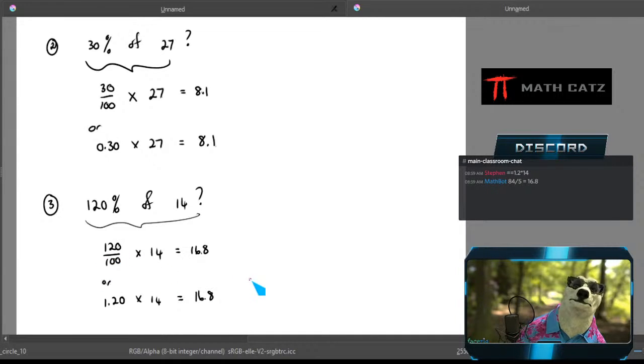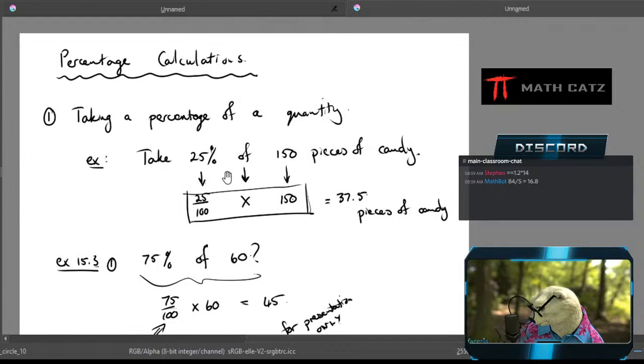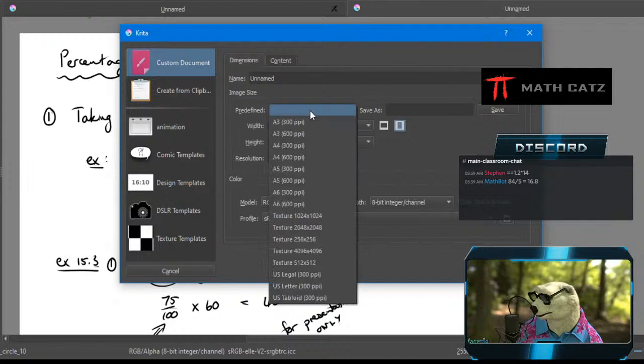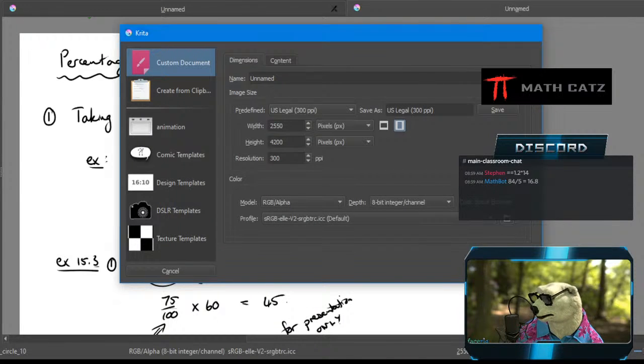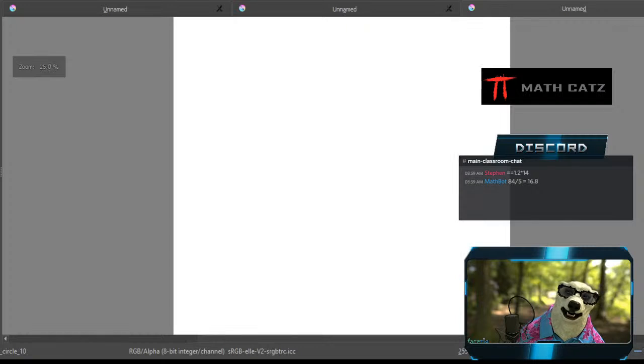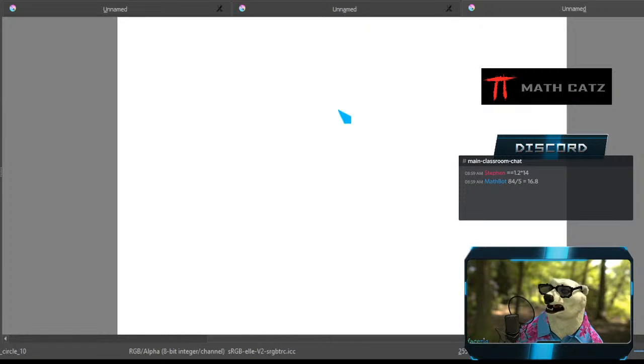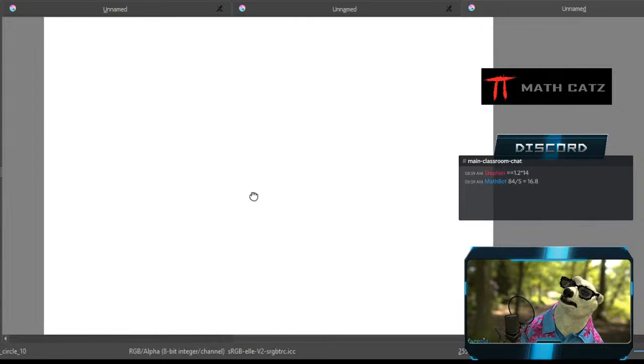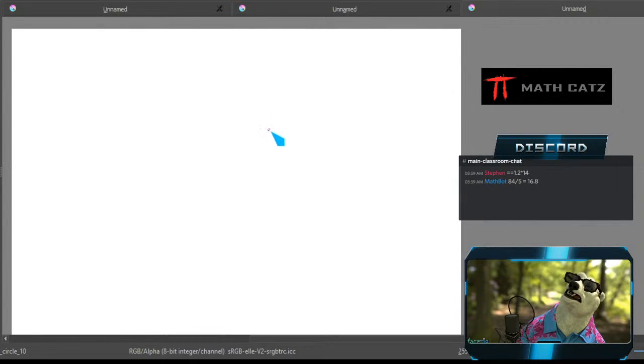All right. So that's our first one. Taking a percentage of a quantity, could be a large percentage, could be a small percentage, really doesn't matter, doesn't affect the calculation. So that's a good thing. But do notice that if it's a percentage larger than 100, I'm going to get more than the original quantity.